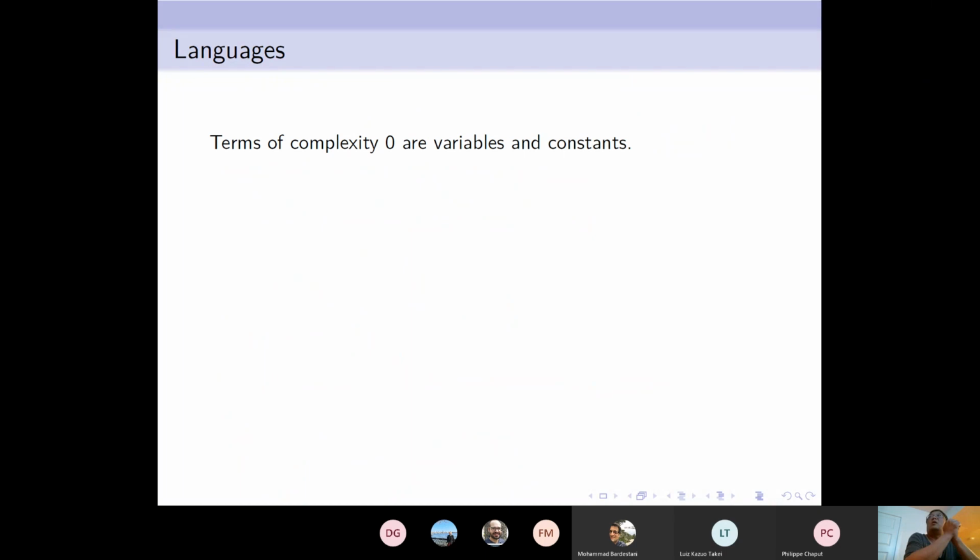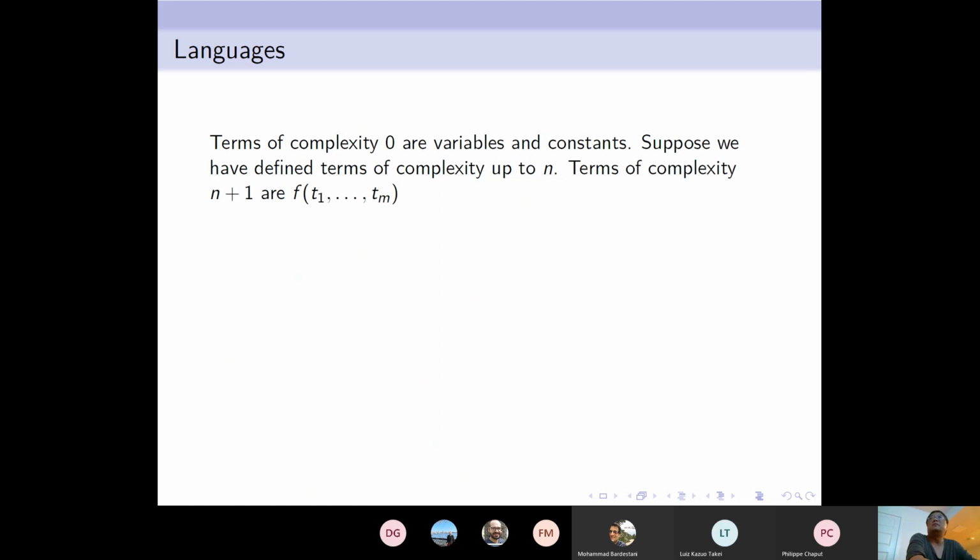Now we can talk about the formulas in these multi-relations. First we define the terms. Terms of complexity 0 are variables and constants. This is the simplest kind of term, and then we define inductively terms of complexity up to any number n.